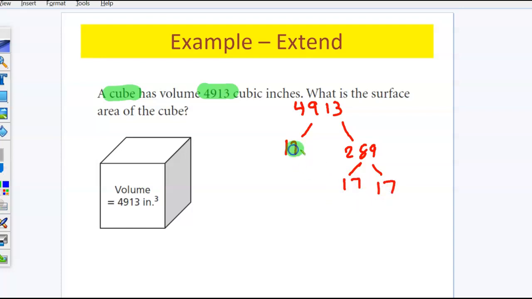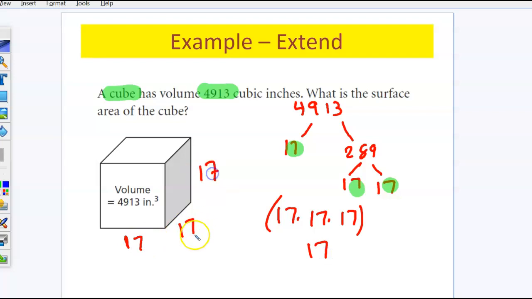And these three numbers are all prime, so therefore 17 times 17 times 17 is 4913, and therefore the cube root would be 17. So that means each side length of my cube is 17 inches.